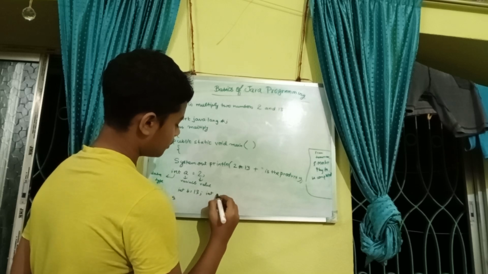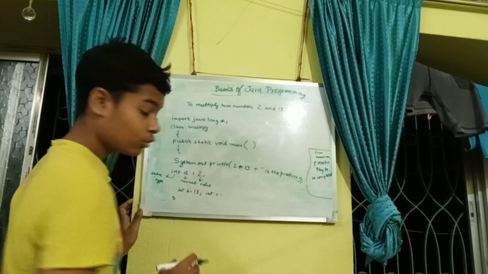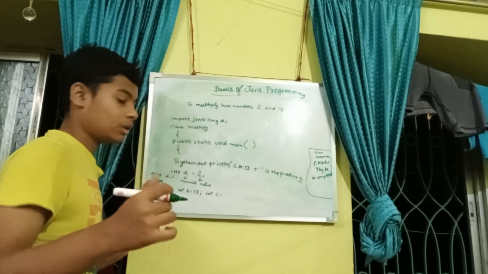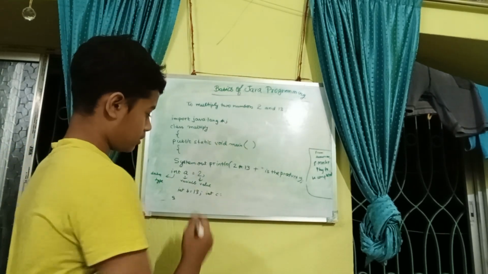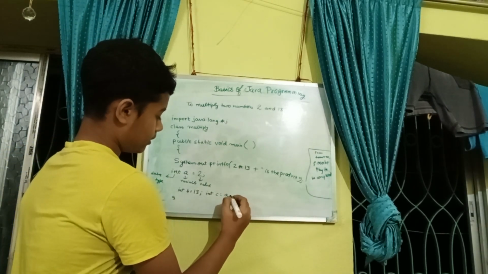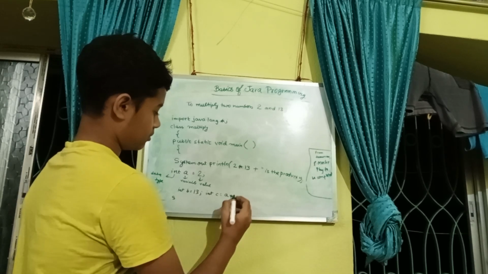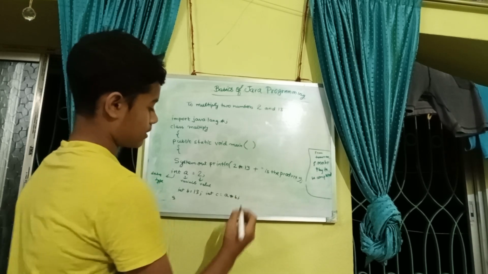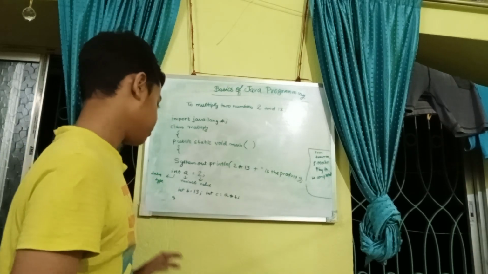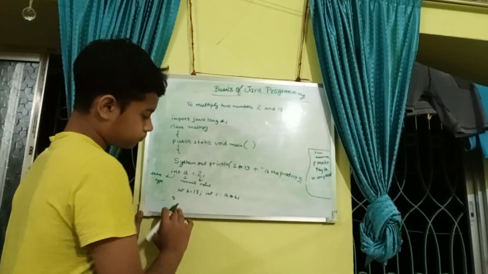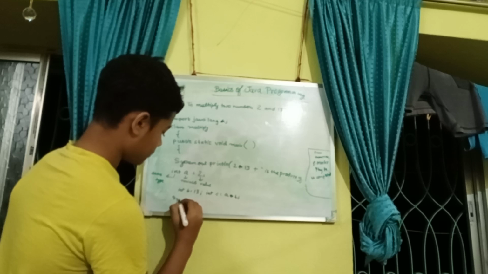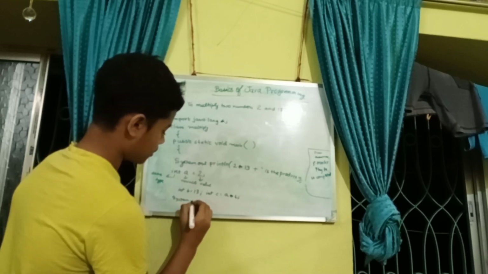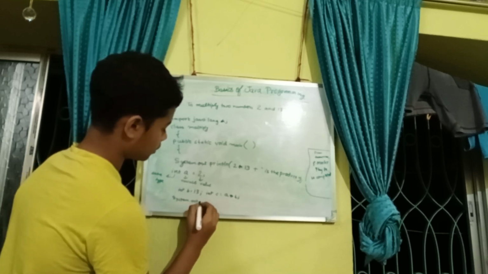The output will be the same, as you see. And in the same line, I'm giving c. C is equal to the product of two integers, a asterisk b. Done. Okay. So System.out.println.